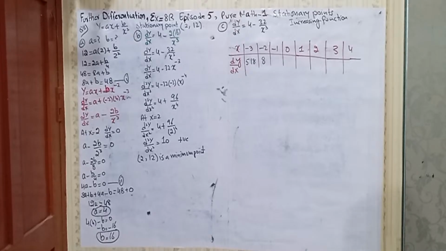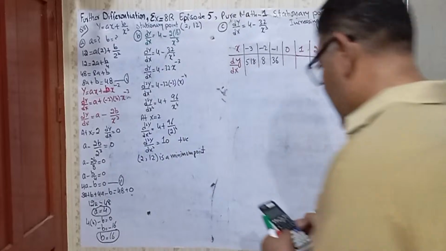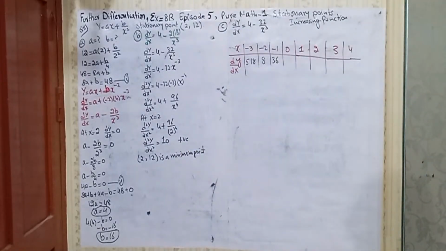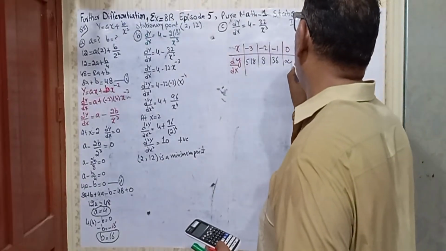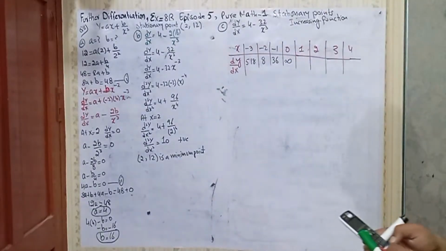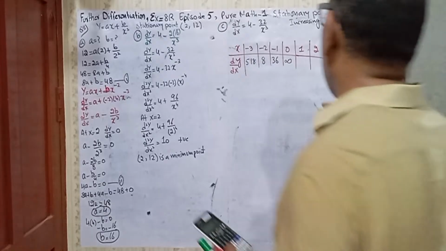So at -1 it will be 36. At 0 it is not defined, it will be infinite. At 1, it is 4 minus 32 divided by 1 cubed, which is -28.